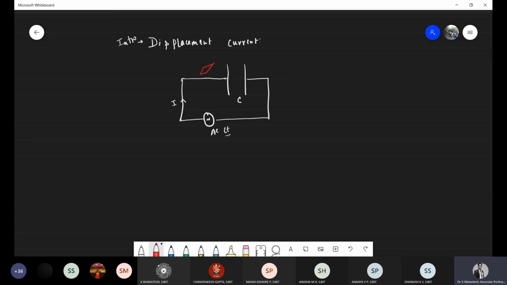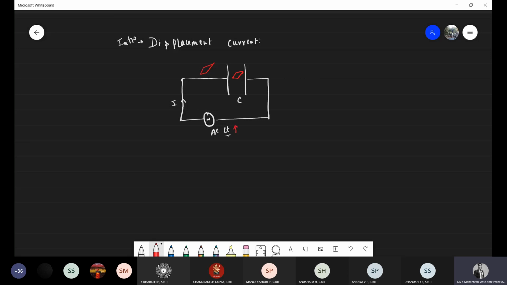Here one above the conductor and another magnetic needle between the capacitor plates.